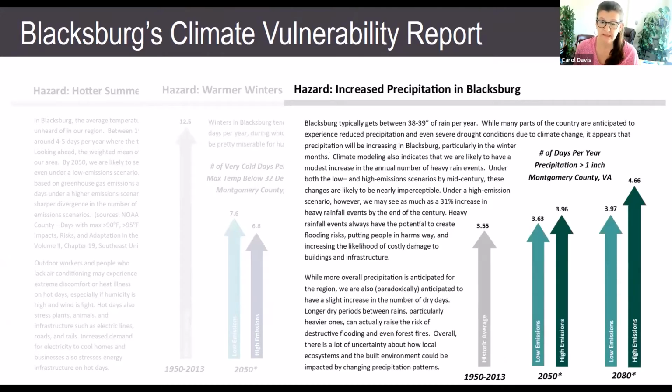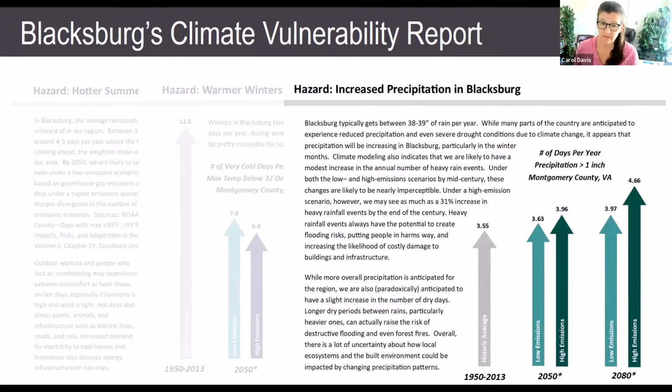And then I'd say the least dramatic change, but also one to think about, are the changes to precipitation. As you can see here, there's not a huge anticipated outcome, but a day with more than an inch of rain has the potential to cause significant flooding with risk to public safety, human health, buildings, infrastructure.